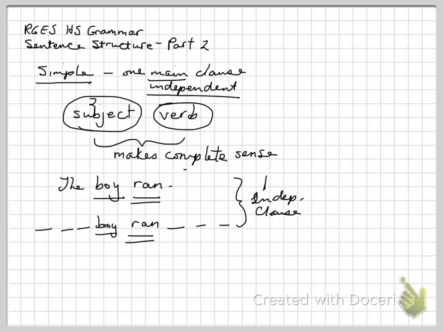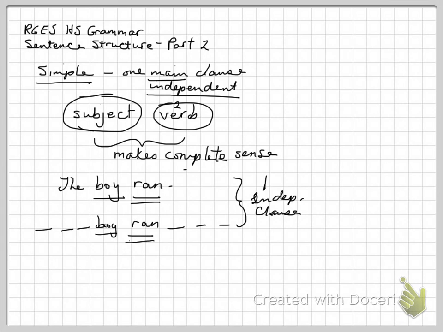Number 6, write an example of a simple sentence with a compound verb. That means that I would have a subject doing two verbs. For instance, I would have the boy caught the football and threw it. He caught and he threw, two verbs, and the same subject doing the same verbs.